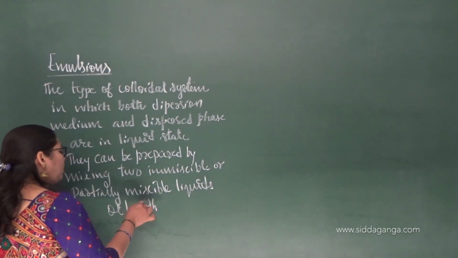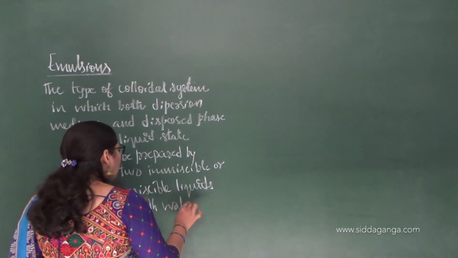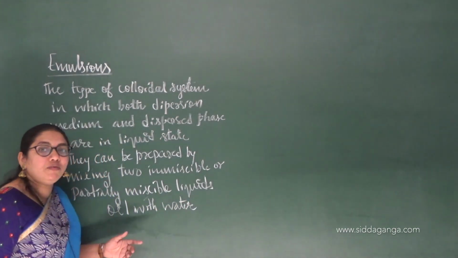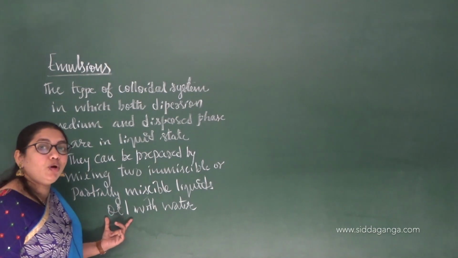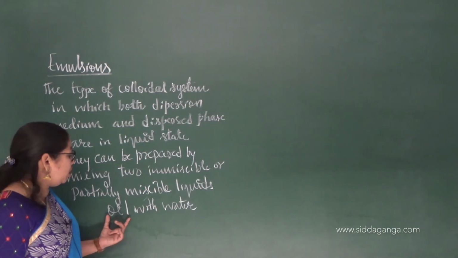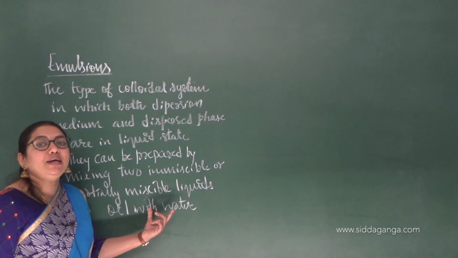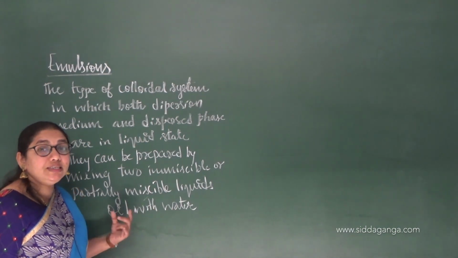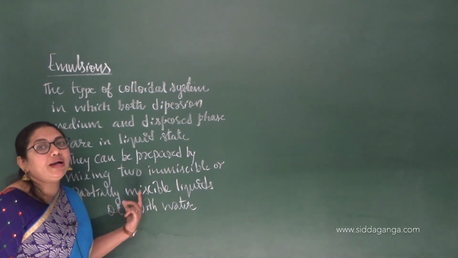Water is a polar solvent, whereas oil is non-polar in nature, right. That's why if you mix oil with water, it forms two different layers, and you can easily distinguish between the oil and the water.